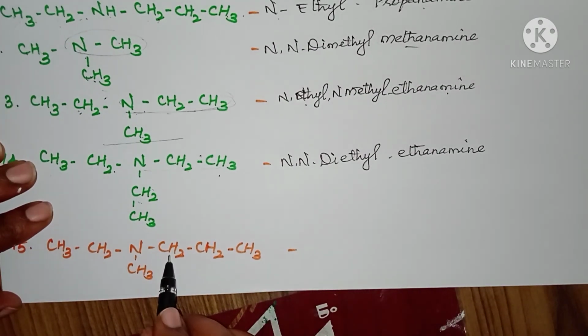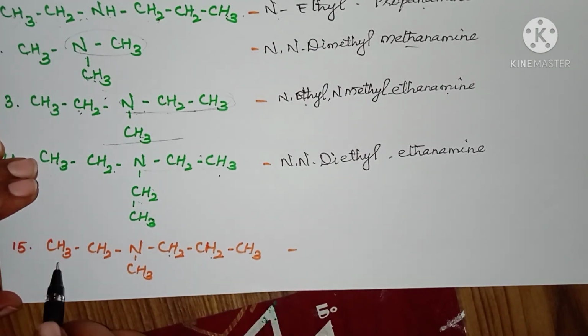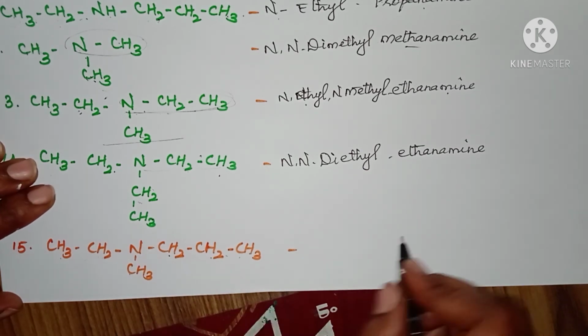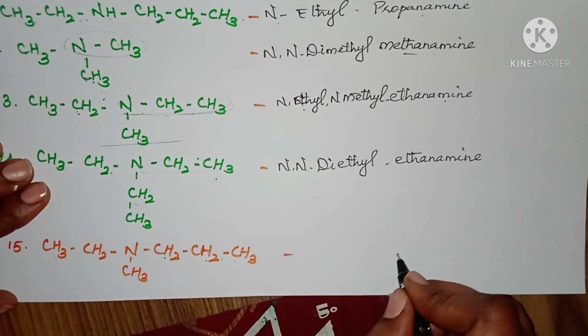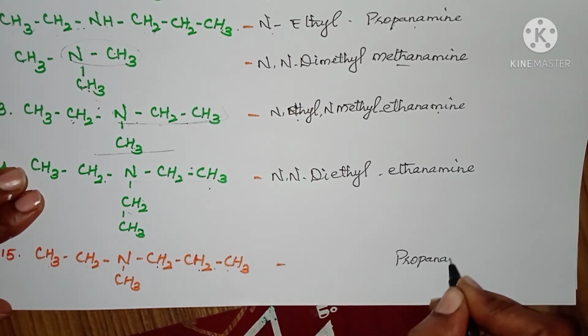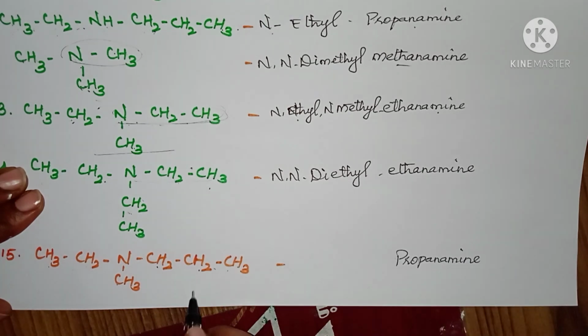The last one, come on, do it on your own. Here CH2, CH2, CH3, here CH2, CH3, and here a methyl group. It is an ethyl group, a propyl group, and a methyl group. How will you name this? Propanamine, I will write it here. Why have I given propanamine? Because the parent chain which is longer, you have to take first.